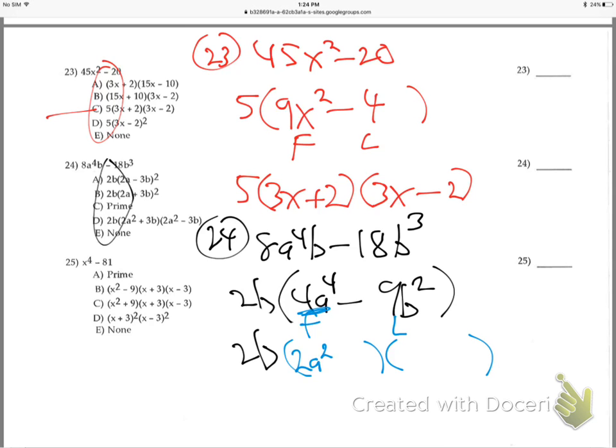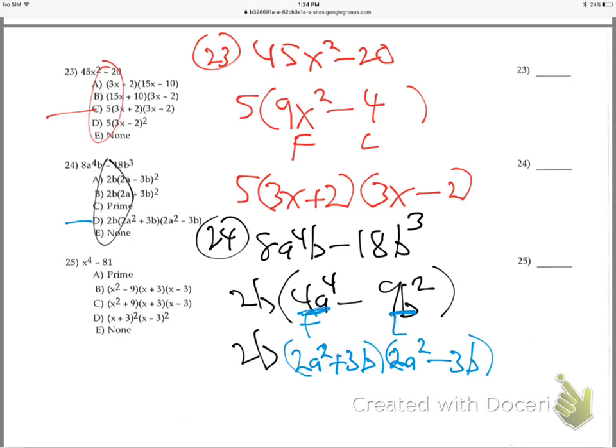That'd be 2a squared, 2a squared. And last times last to be 9b squared, 3b, 3b, 1 plus, 1 minus. Good there? That makes sense? Front, front, last, last? Does that answer D? Yeah. All right, one more.